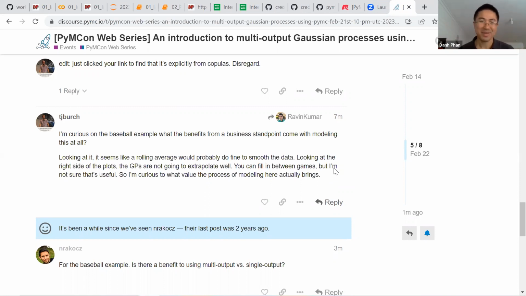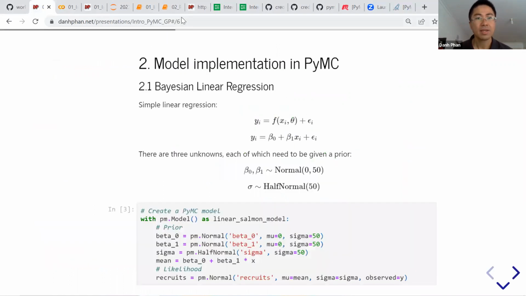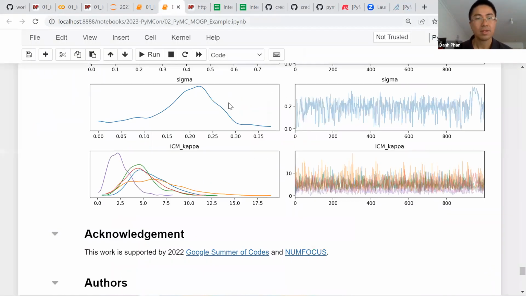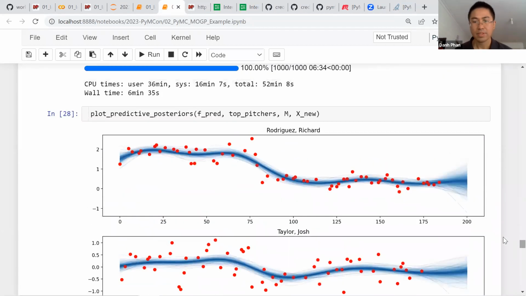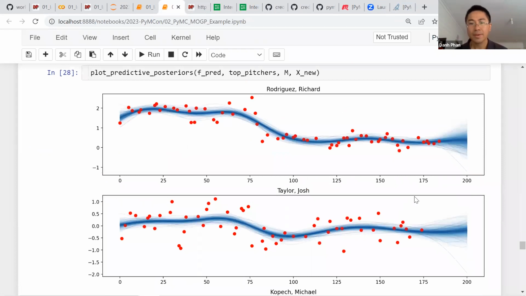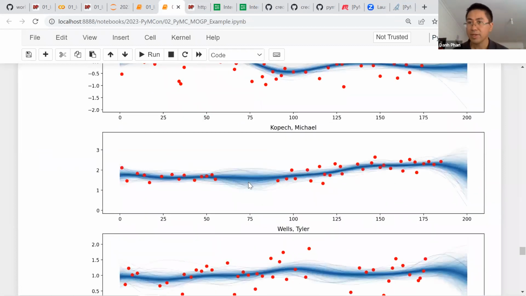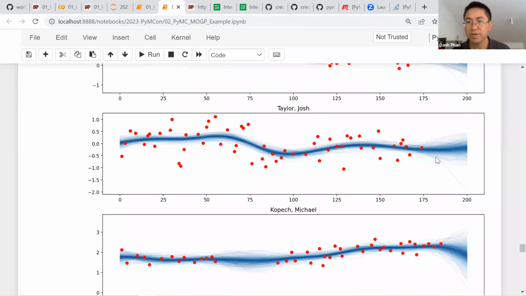To be honest, I'm not sure how the baseball example benefits a business standpoint. But if you see here, it can not only help to infer the missing data, but can also help to infer future games.